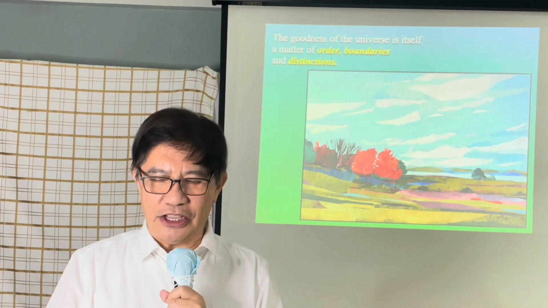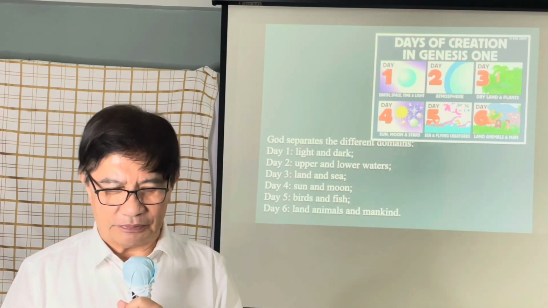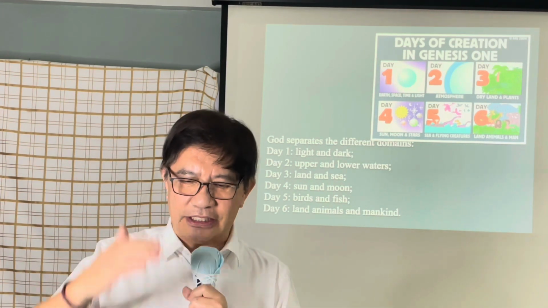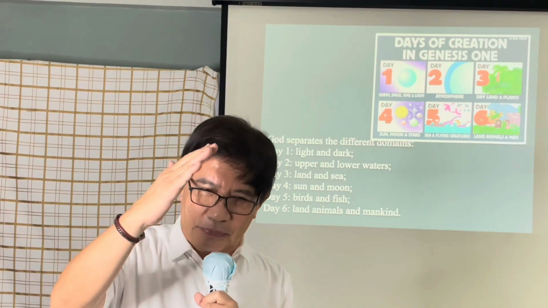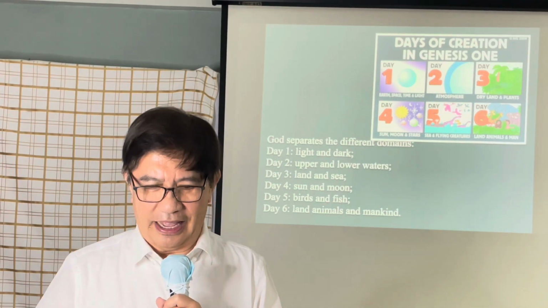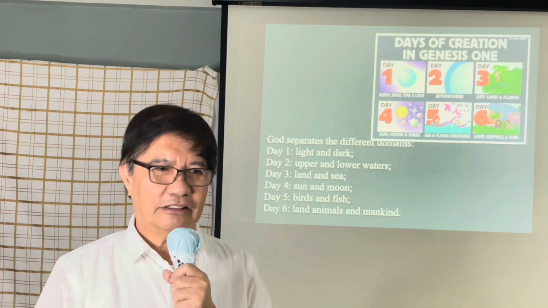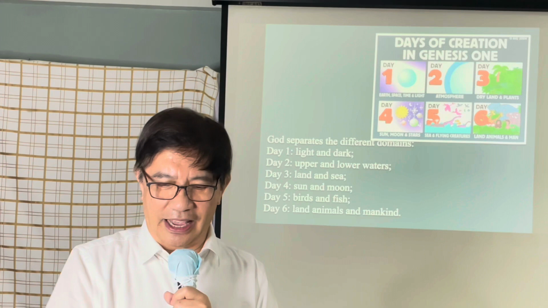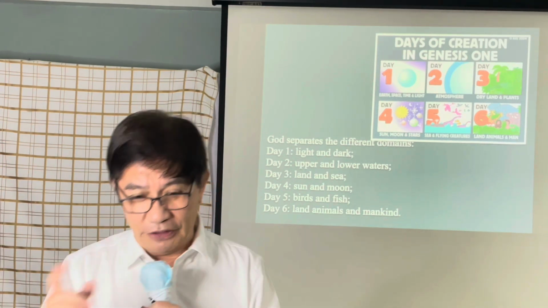From the start, you can see the distinction in the way the story is narrated. On the first day, there's light and darkness. On the second day, there's upper and lower waters. Then on the third day, there's land and sea. And then on the fourth day, you have sun and moon. And then on the 5th day, you have birds and fish.